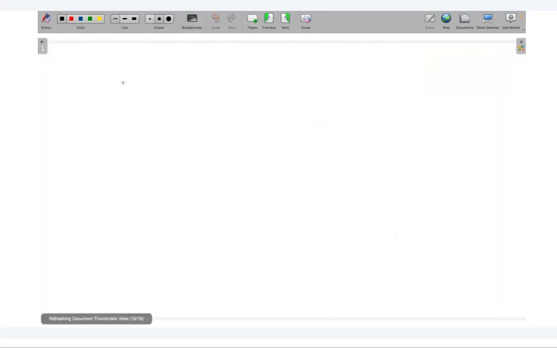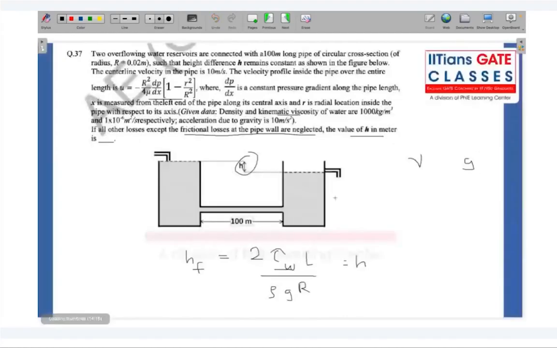All right, so let's go ahead and find what my tau W is. First let's look at u. u is minus R square by 4 mu, dP by dx, into 1 minus small r square by capital R square. They're telling you the center line velocity in the pipe is 10 meters per second.